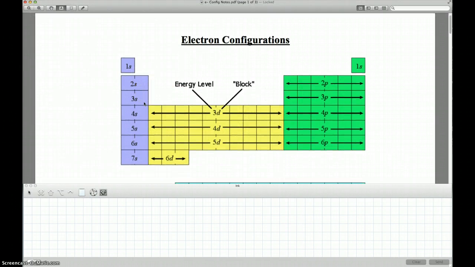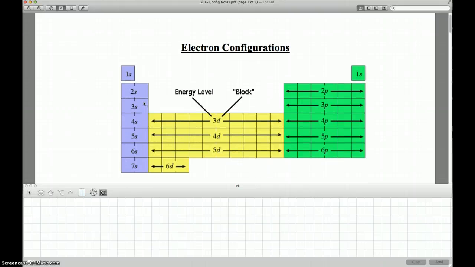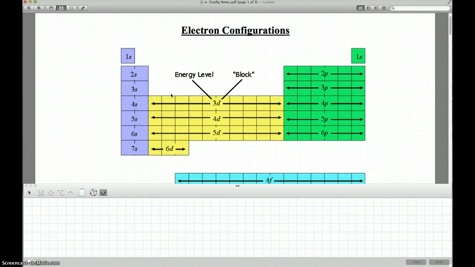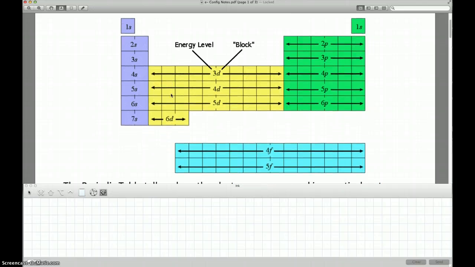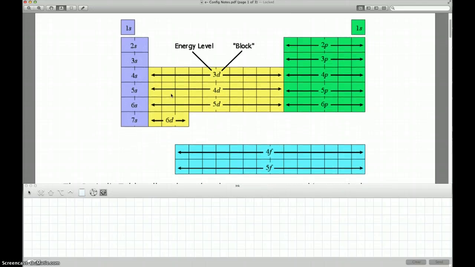I'm not going to go through all these notes, but I'm going to skip around a little bit. I do expect you to read them all and know them all, but some of them are pretty self-explanatory, just a matter of reading. This diagram here that I'm showing you kind of looks like a colorful periodic table.